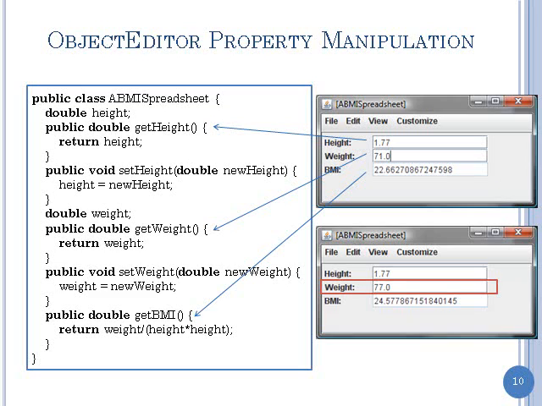It'll call setWeight. And then how do we get the new BMI value? Call getBMI. But how does it know to call getBMI and not getHeight or getWeight? It doesn't know anything about BMISpreadsheet. It's a generic tool.